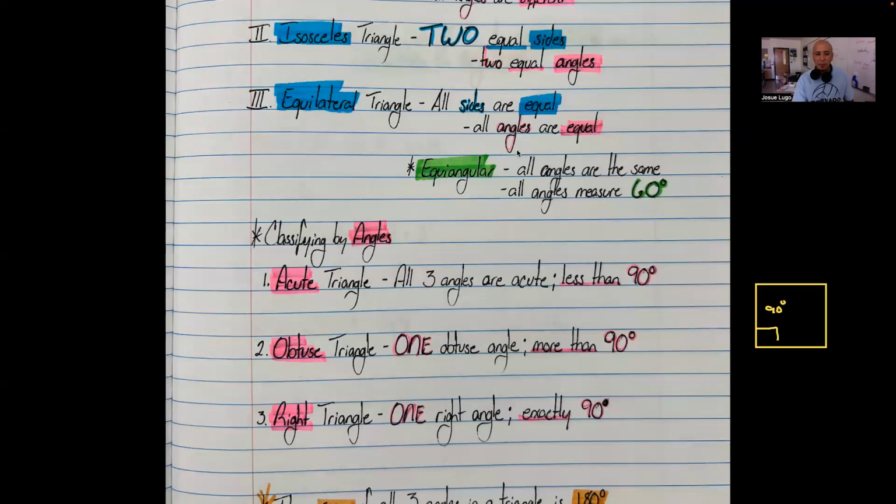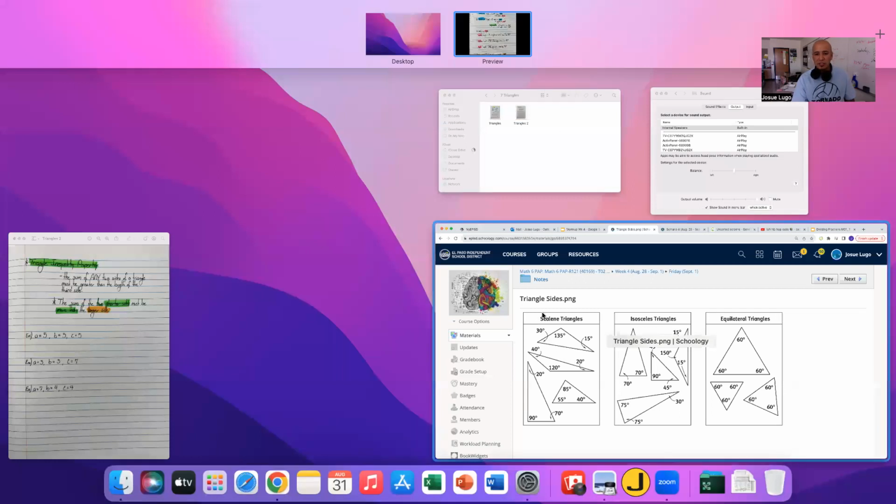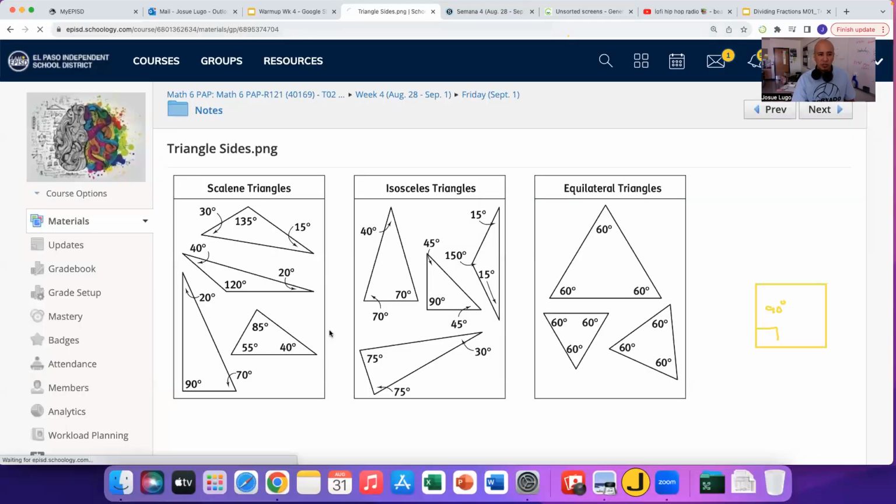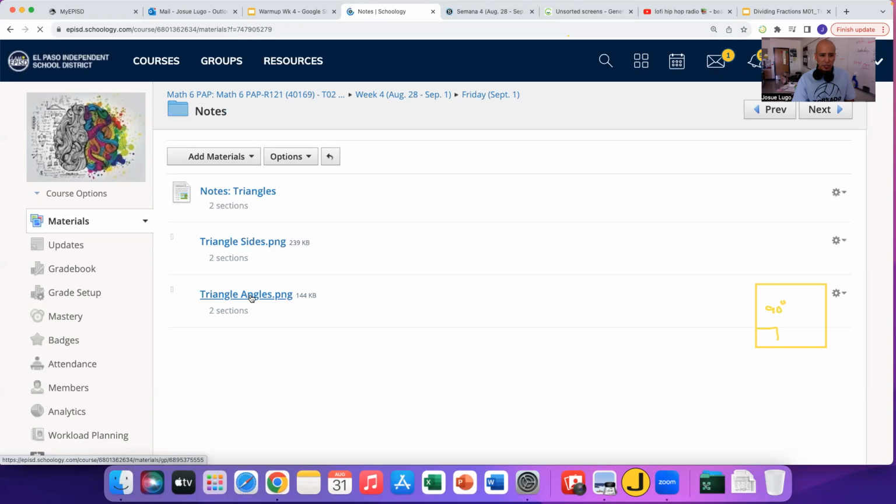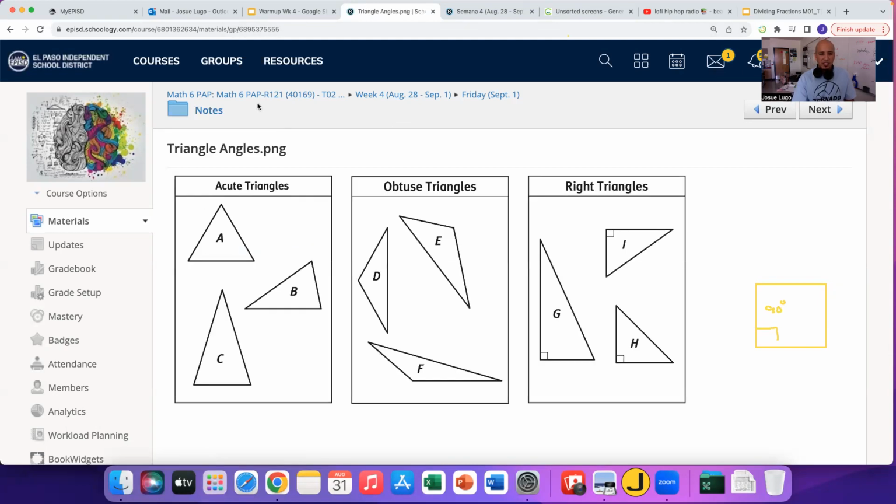And in fact, for an example of an acute triangle, we can go back to our notes on Schoology and notice that here we have examples of acute triangles. Notice that if I were to try to put a rectangle right inside each of these angles, it is open way less than a 90-degree angle. 90 degrees would be from here to here, so this is open less than 90 degrees.